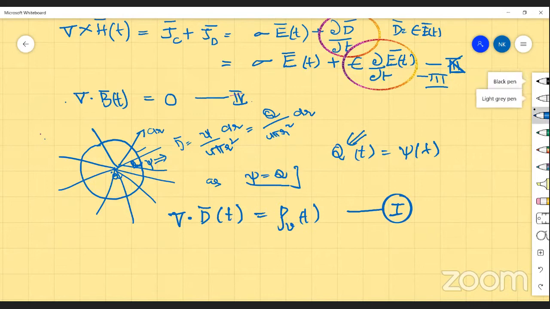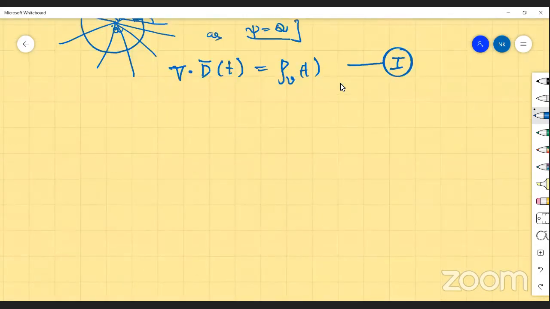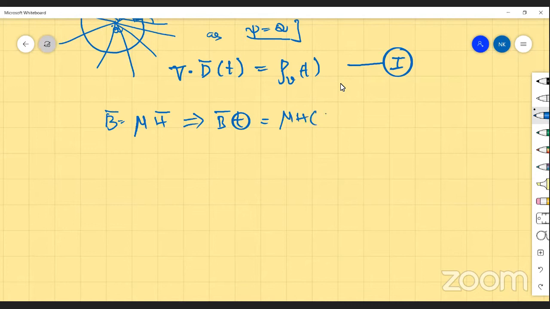Okay. So now if you consider the fourth, we'll decide about the fourth also. So what is B bar? B bar is equal to mu into H bar. So that implies B bar of t is mu into H bar of t.